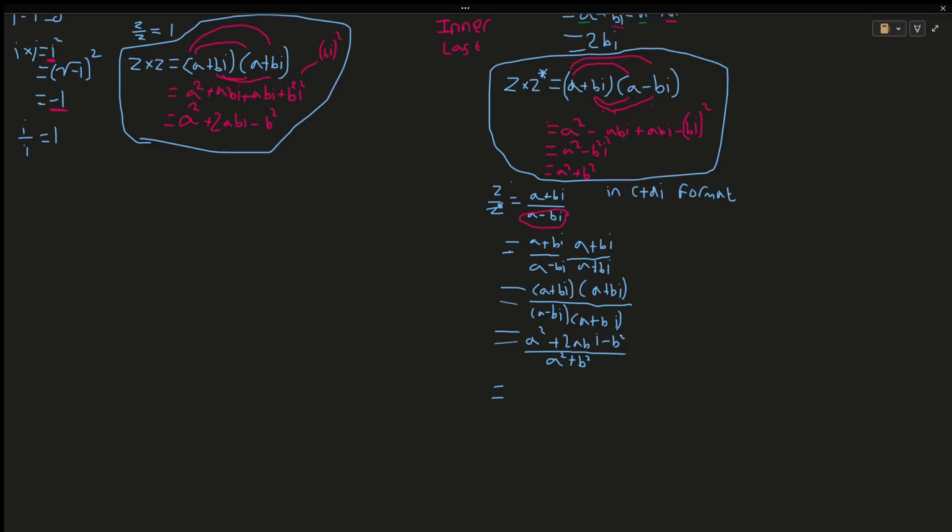If I was to write more like this, that would be something such as a squared plus minus b squared, because these are the real terms, over a squared plus b squared, and then the imaginary terms would be plus 2ab i over a squared plus b squared.